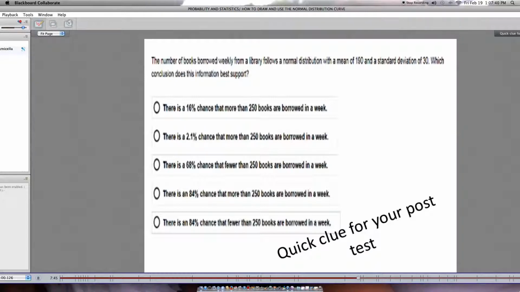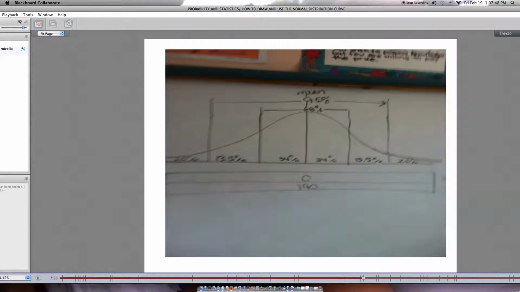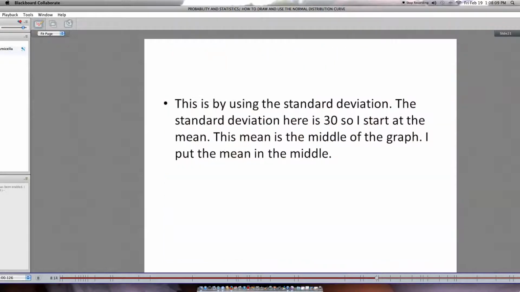So from that 190, I'm going to go in increments of 30 for every standard deviation. So first I drew my 190, and then I go 1 standard deviation to the right and 1 standard deviation to the left. That means I'm going to add 30 and subtract 30 to get my next numbers.